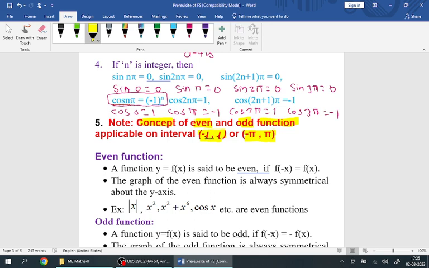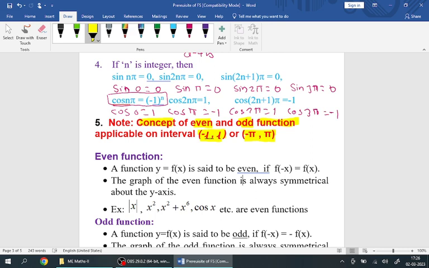Minus L to L means minus 3 to 3, minus 5 to 5, minus 1 to 1, like that. Whenever the intervals are of minus L to L type, we use the concept of even and odd function. The benefit that we get is that half of the Fourier coefficients we can directly write as 0 with the help of this. We'll come to that later on in the examples.